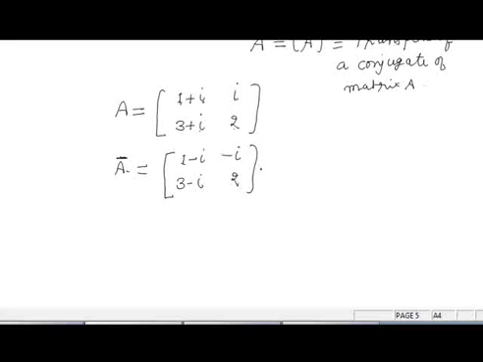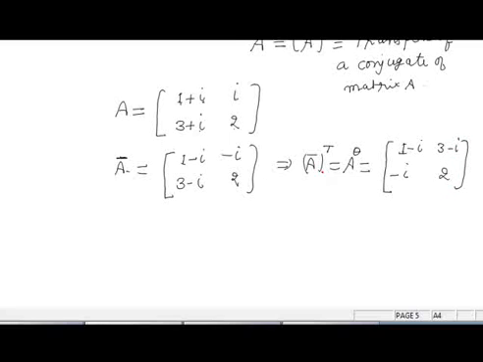And if I take the transpose of this, then I can call this A theta. So A theta is nothing but the transpose of this. So 1 minus I, 3 minus I, and 2.